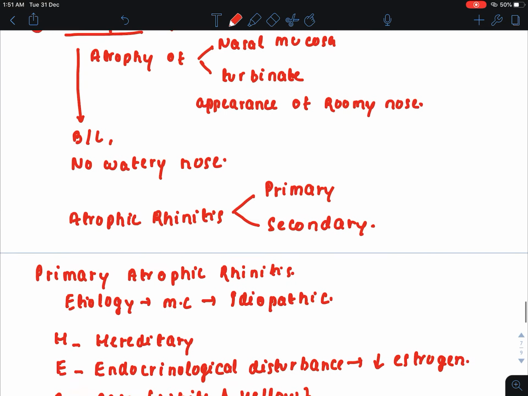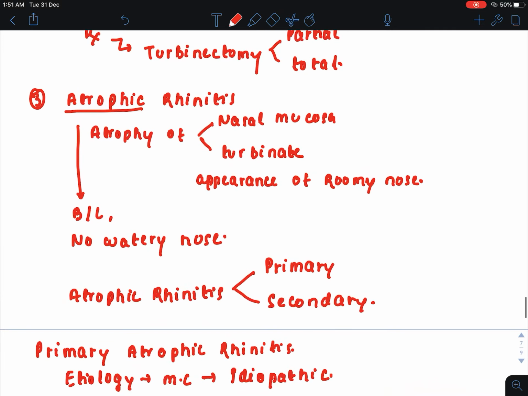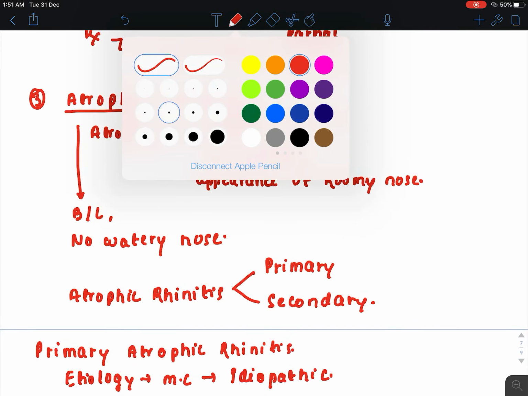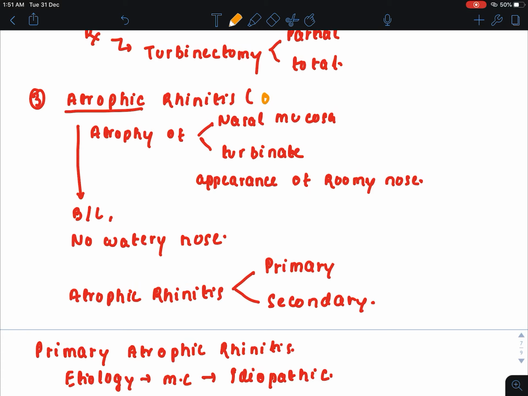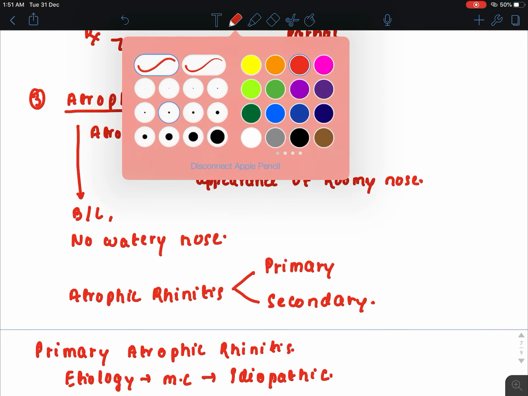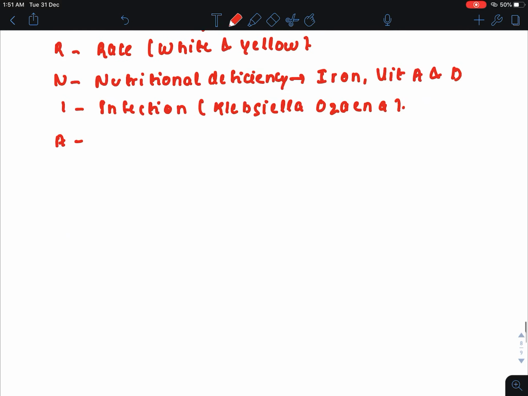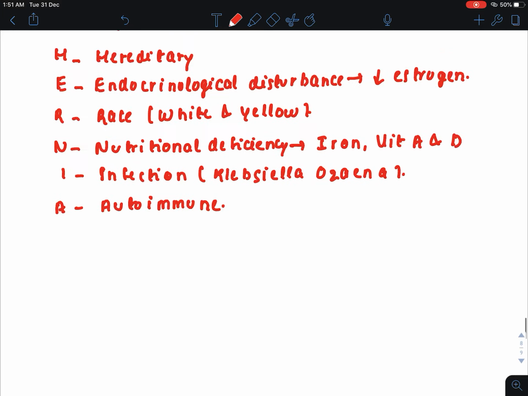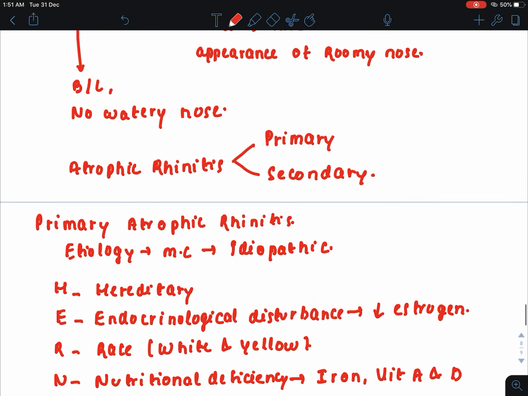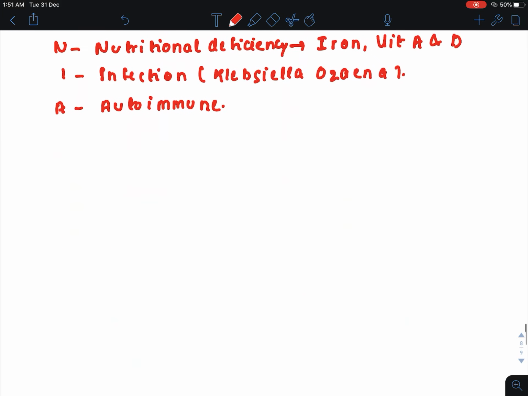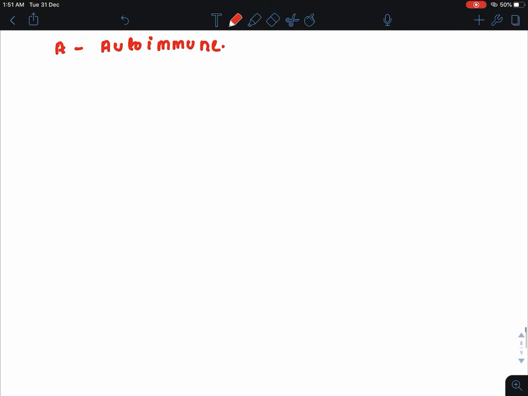Therefore, atrophic rhinitis is also known as ozaena, and A means autoimmune. Now we have completed primary atrophic rhinitis. Now we will see secondary atrophic rhinitis. After that we will see the pathology common in both.